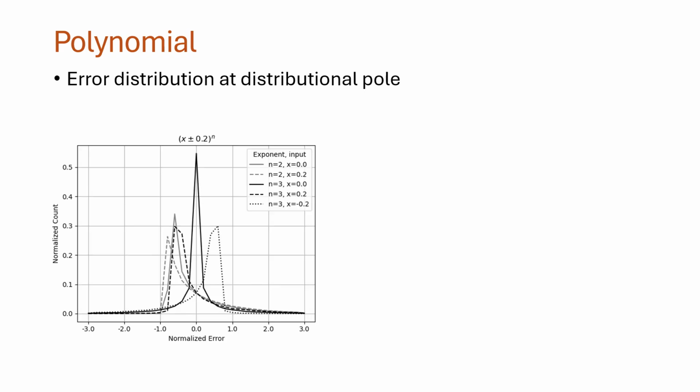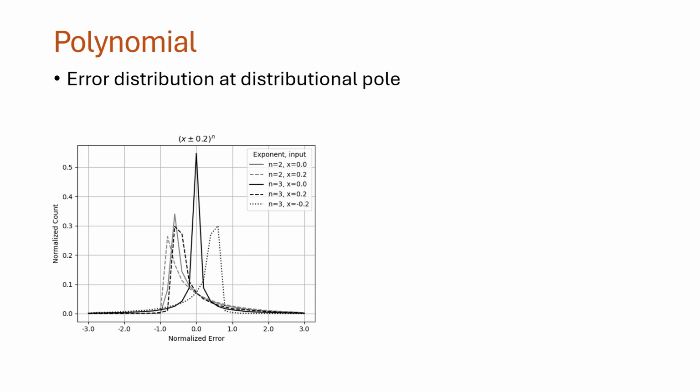Let's discuss our third application, polynomial. First, let's continue discussing the distributional pole. We'd like to look at the error distribution for this function, x plus minus 0.2, with a power of n equal to 2 or 3, and x equal to 0, 0.2 or minus 2.